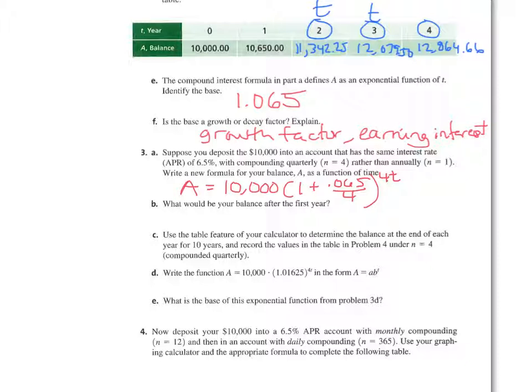Let me simplify this part right here. If you do that out, it's going to be 10,000 times 1.01625 to the 4t.